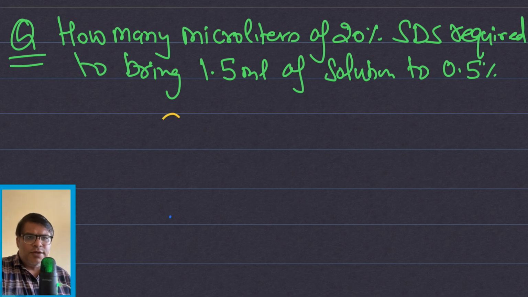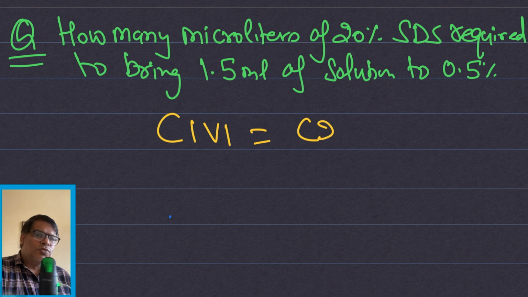Try to see here. Here also you are going to use the relationship C1 V1 is equal to C2 V2. Now you have to think clearly what is going to be the value of C1, V1, C2 and V2.